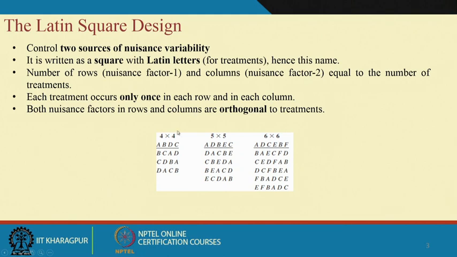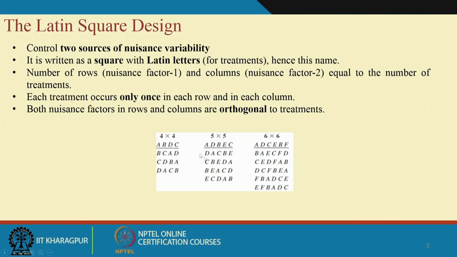The number of rows is equal to the number of treatments, and that represents nuisance factor 1. The number of columns equal to the number of treatments represents nuisance factor 2, and each treatment occurs only once in each row and each column. Each row and each column, only one time that treatment will occur.